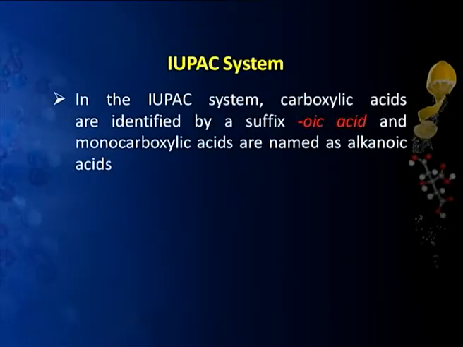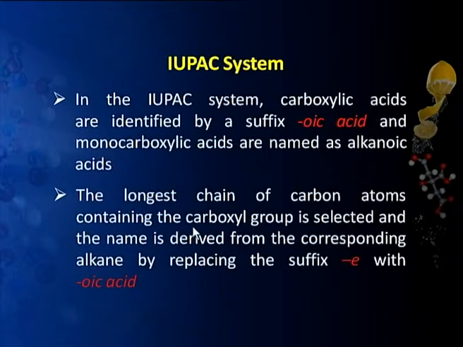Now remember here that while writing the names of compounds containing various other functional groups which you have studied, the name is one word, whereas in carboxylic acids the name consists of 2 words. There is a gap after alkanoic and acid. Acid is written with a gap.